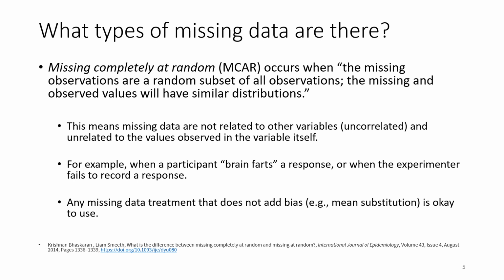That is, the missing and observed values will have similar distributions. This means that the missing data are not related to other variables, uncorrelated, and the missing values are unrelated to the variable itself. And so there is simply no bias.